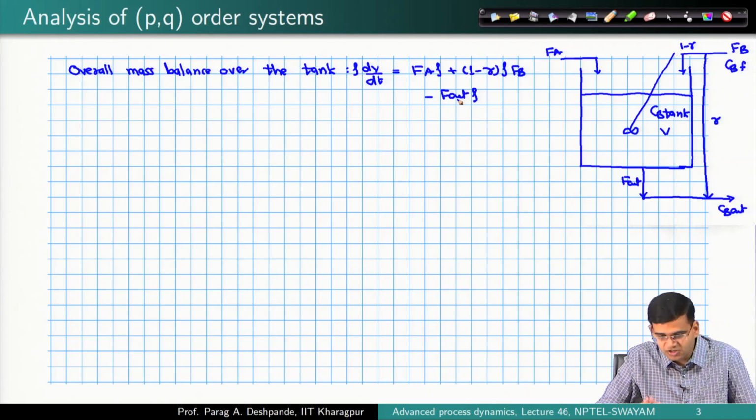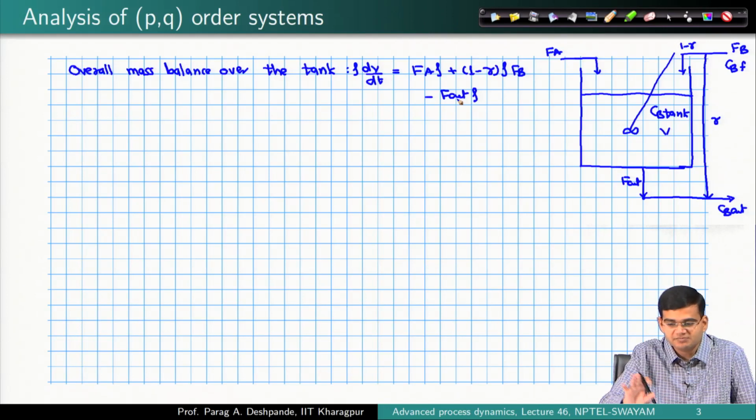So, this is the overall mass balance for the streams which are coming in and going out.